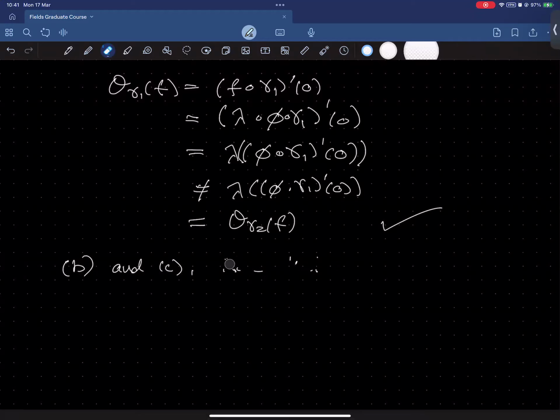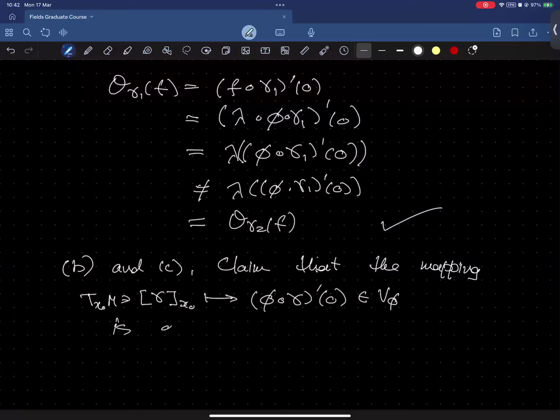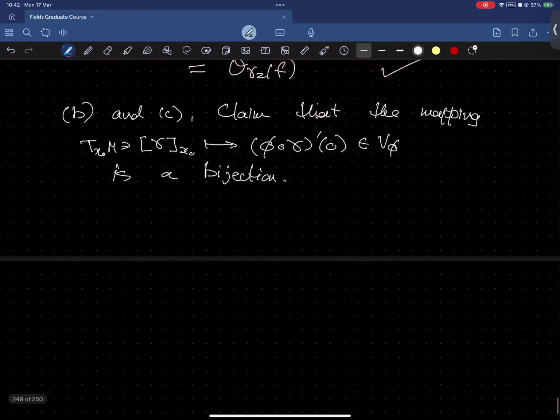First I'm going to claim that the mapping which maps the tangent space T x naught M into V phi is a bijection. Okay. So that means I need to show that it's surjective and injective.